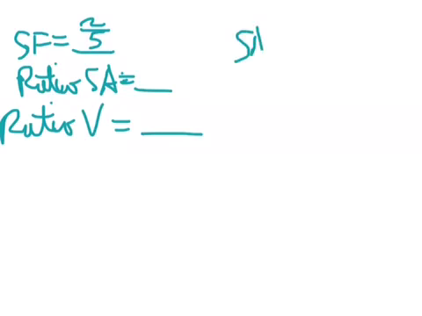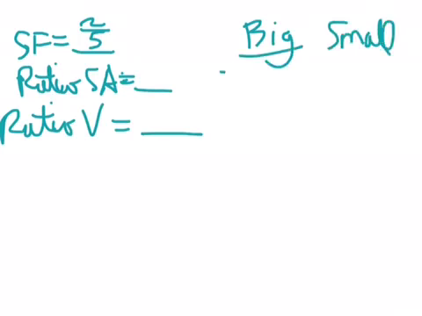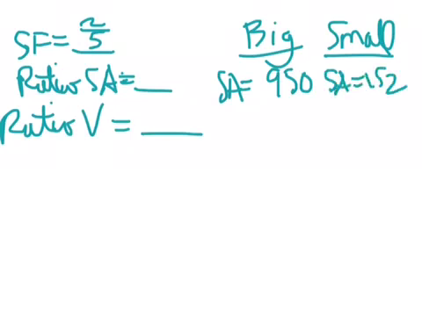Here's what you should have found for the big prism, and then I'll put small over here. Surface area for the big one is going to be 950, and surface area for the small one is going to be 152.